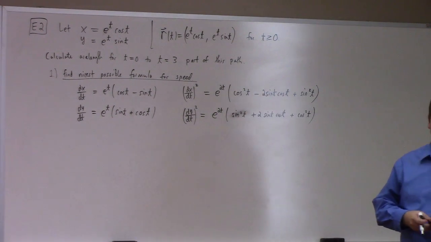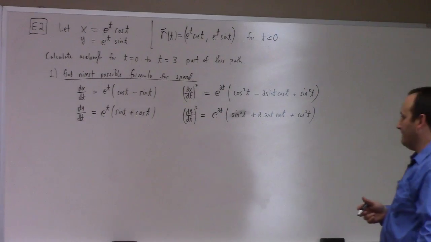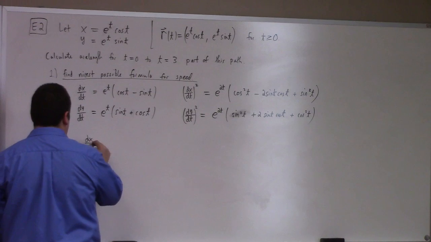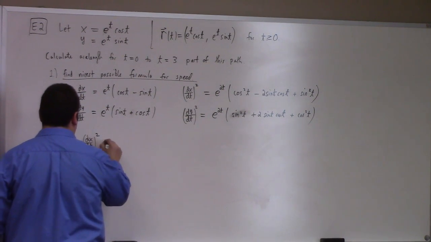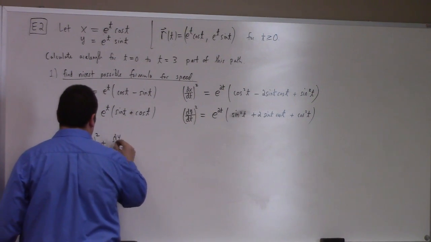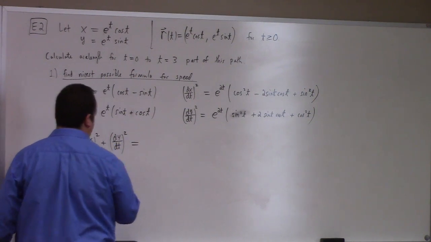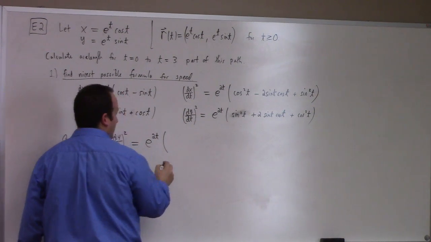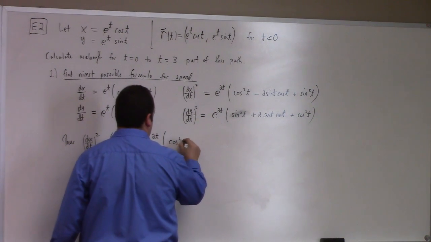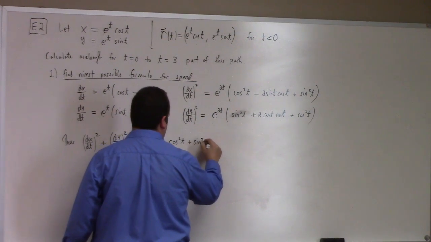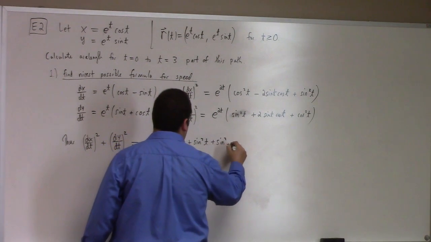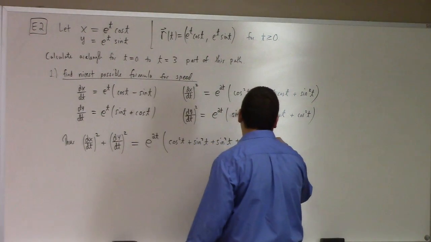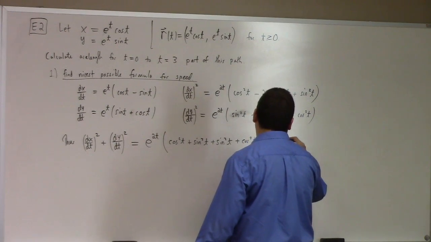Right. So what happens when we add dx/dt squared plus dy/dt squared? It equals e to the 2t times what? Cosine squared t plus sine squared t plus sine squared t plus cosine squared t plus the 2 sine t cosine t terms. I don't know why I'm writing all this out.